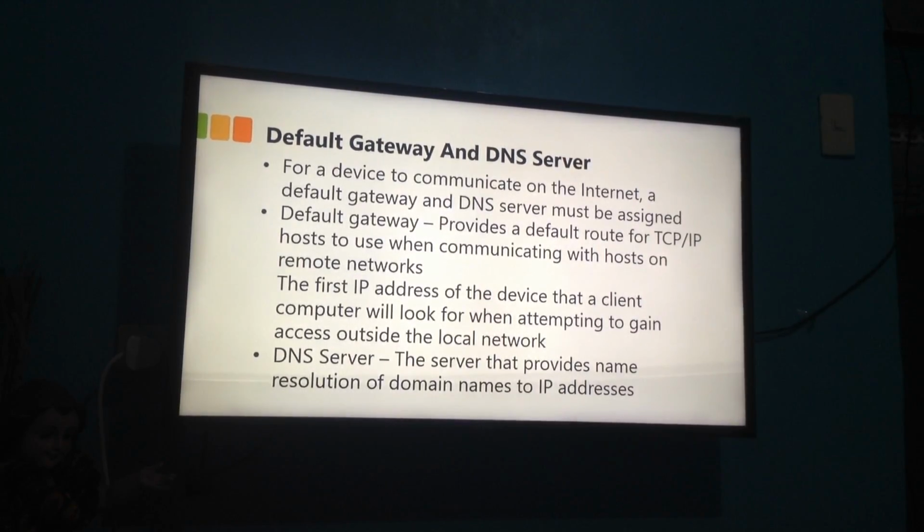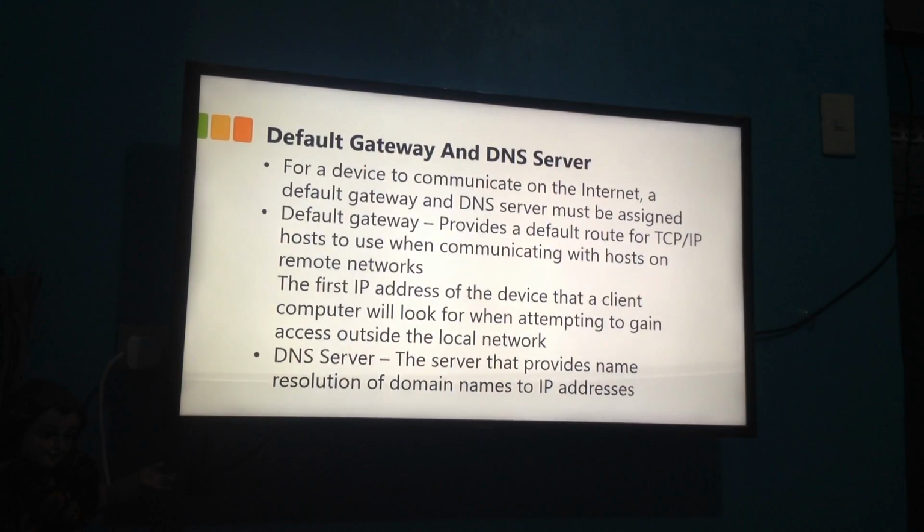Another important concept is the default gateway and DNS server. For a device to communicate on the internet, a default gateway and DNS server must be assigned. For example, think of a default gateway as the main gate outside of your house.